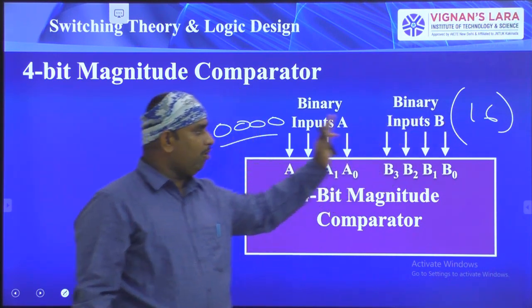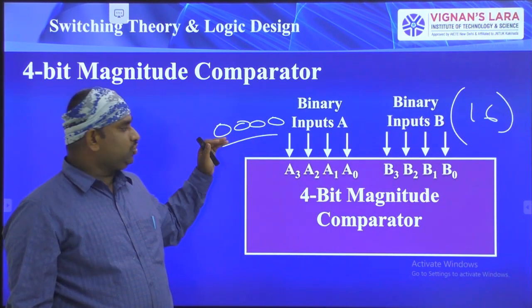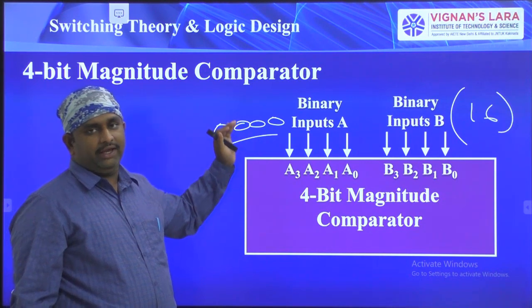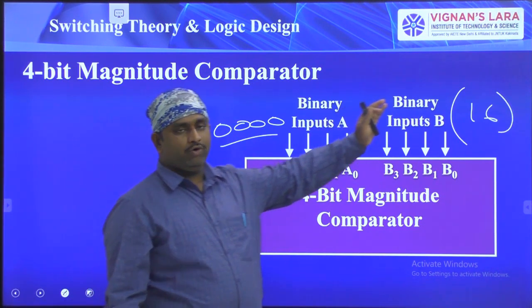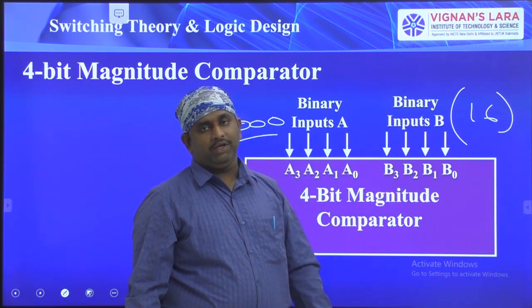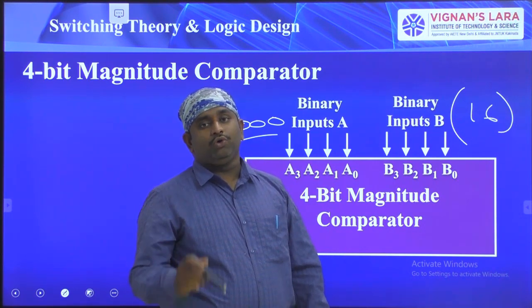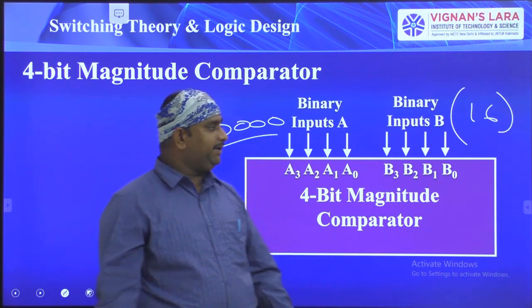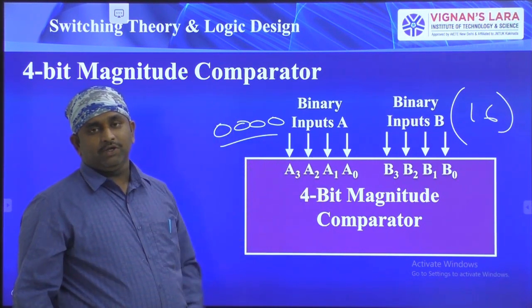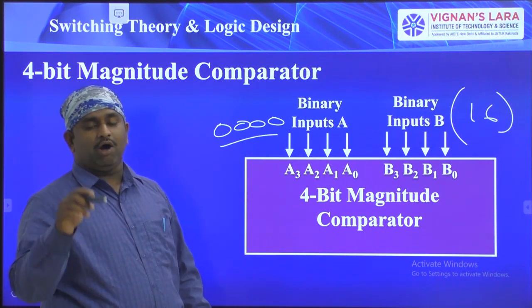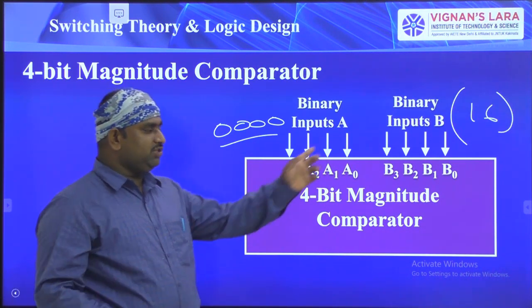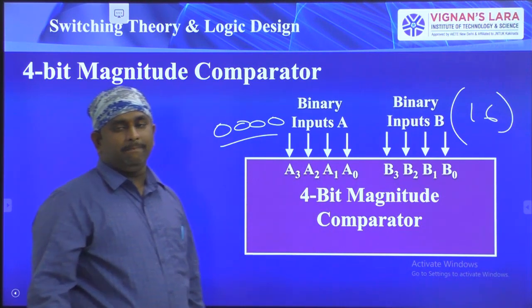Like that, each combination of A you have to check with all the combinations of B. So totally you will get 256 comparison statements for this 4-bit binary comparator.